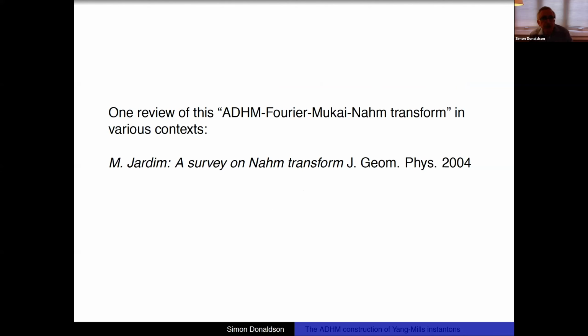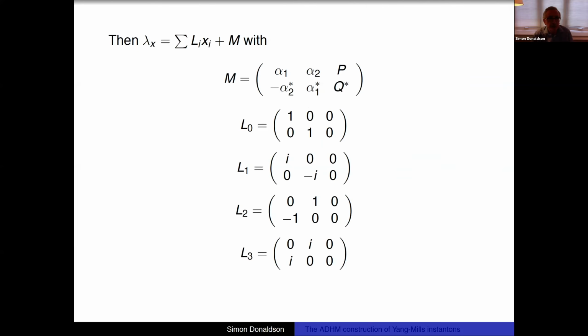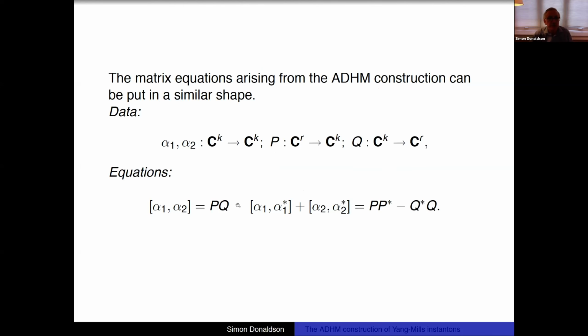So the general picture is that in many contexts, one gets a transform which takes one version of the instanton equation to another one. We might call this the ADHM Fourier-Nahm transform that arises in many contexts. In the ADHM case, we have the P and Q, so it's a bit more subtle.